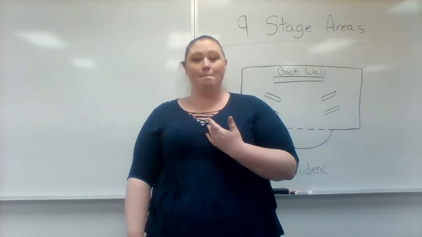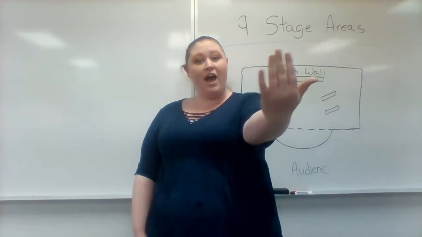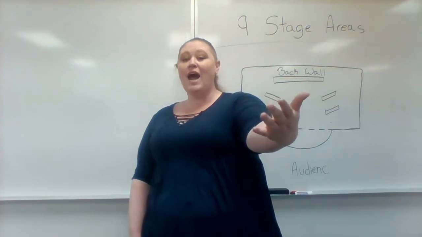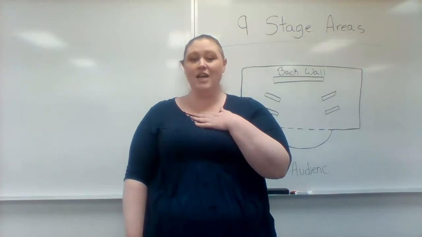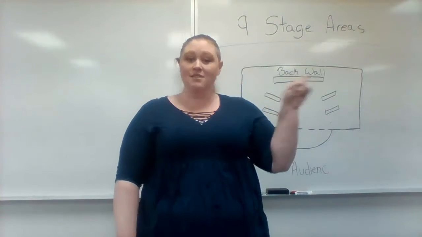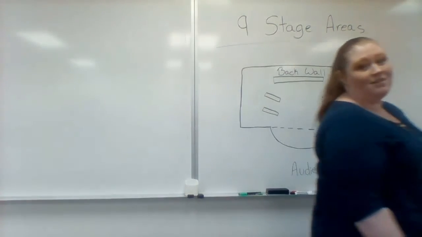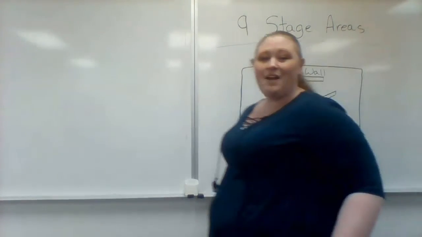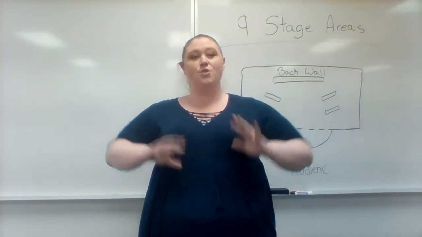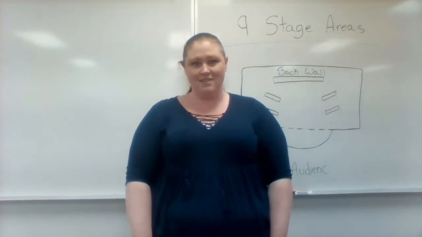Same thing if you wanted me to go to house right. As a performer, my right's that way, but you're the house. Your right is that way. So your house right is my stage left. So if you say, Miss B, go to house right, I know to go this way. Right? Stage right and left is from the performer's view when looking out at the audience.